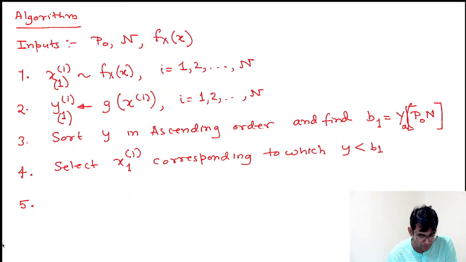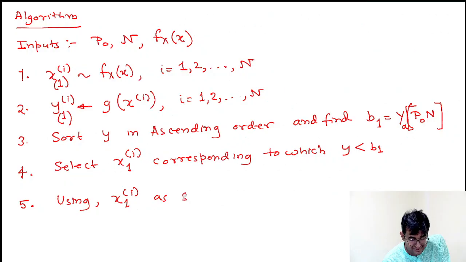Okay. So using x1i as seed. Seed means they are the initial samples. Okay. So we will use the failure sample from the previous step as our initial sample for this step. Clear?